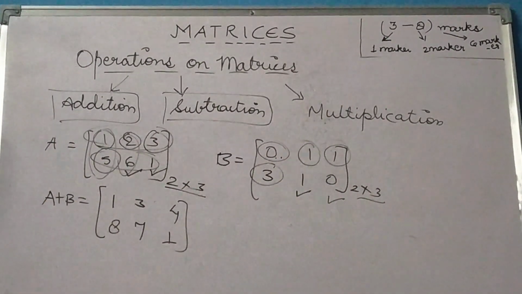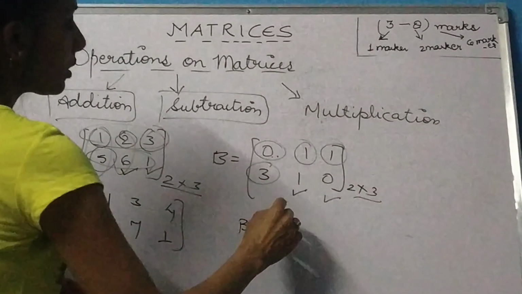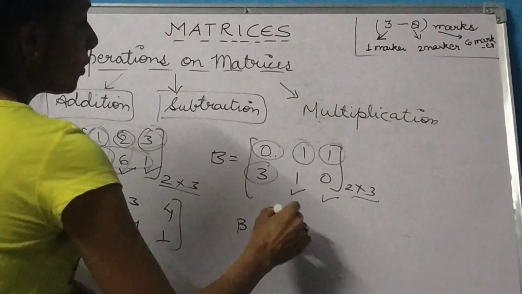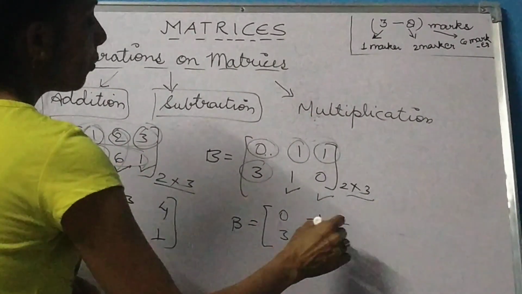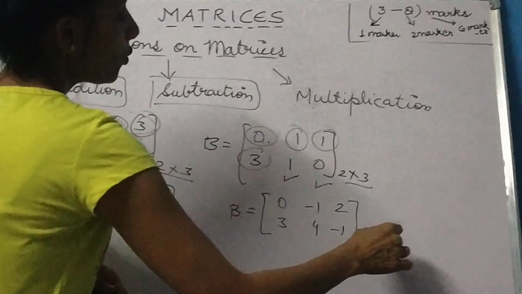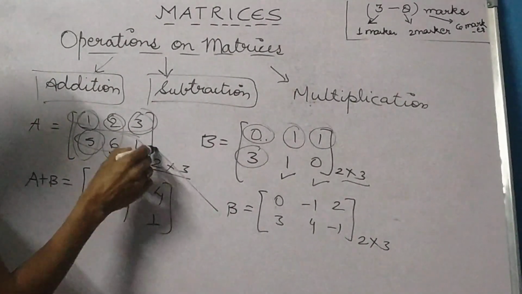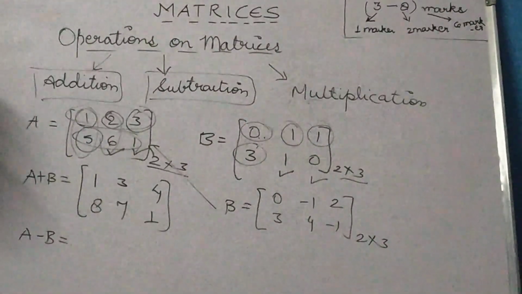If we have subtraction, then let's say my B is equal to 0, minus 1, 2, 3, 4 and minus 1. This is again order of 2 into 3. And let's suppose I say perform A minus B operation.